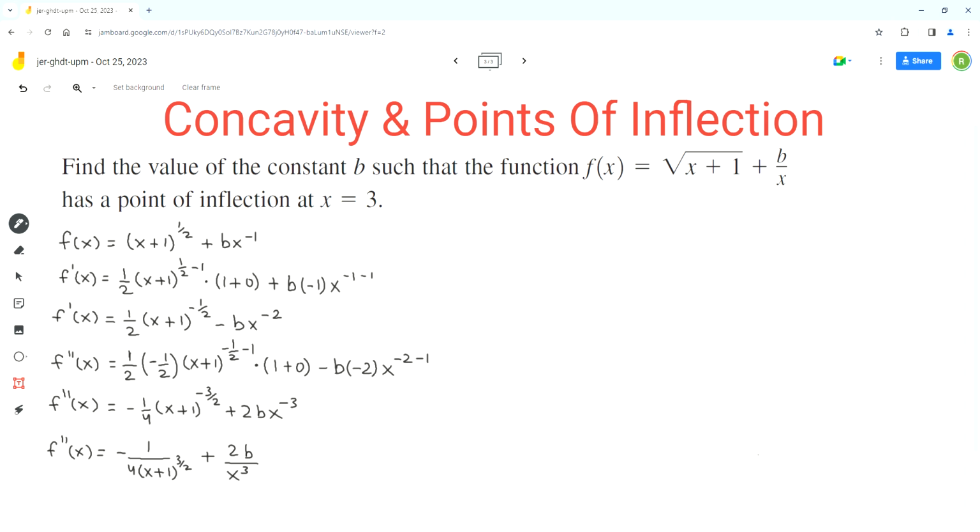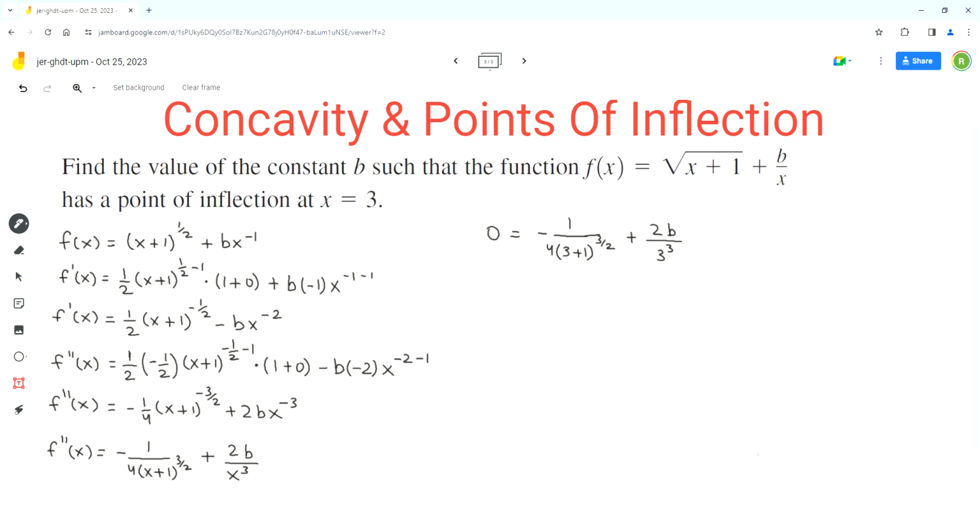So we get 0 equals negative 1 over, and we have to sub in x as 3, and then plus. Now we have to solve this equation to find the value of b.